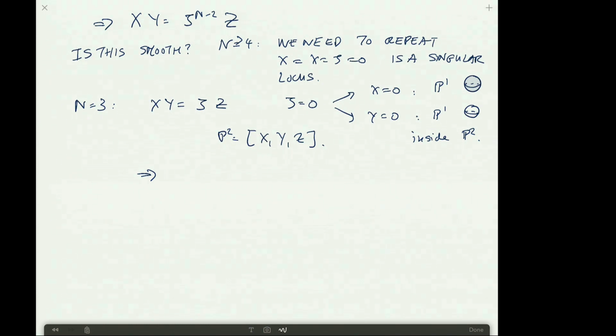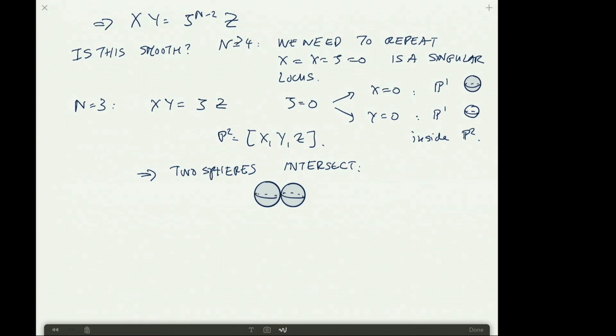So the more accurate picture is the two P1s look like this. This is the one that's x equals to 0, this is the y equals to 0, inside zeta equals to 0.